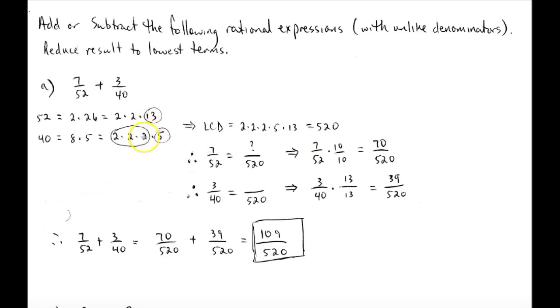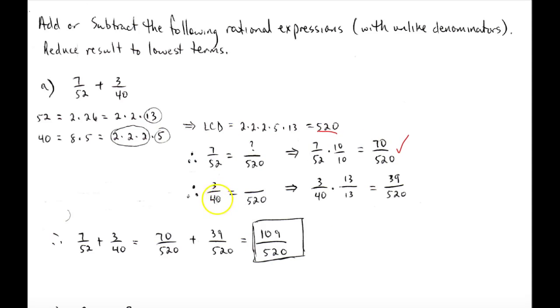And we see that after breaking it down, it ends up being 520. So from that point, we form equivalent fractions. So 7 over 52 equals what over 520? Well, we know 52 goes into 520 10 times. 10 times 7 is 70. So that's how we get that.